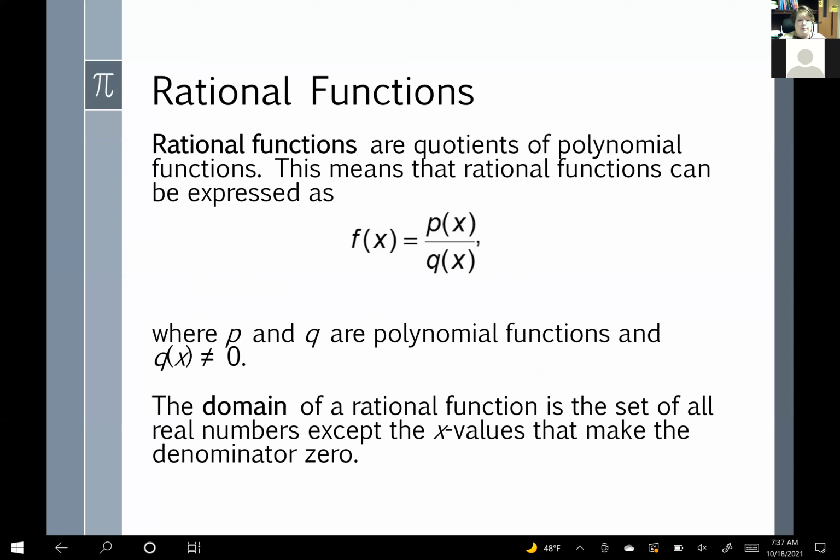The domain of a rational function is the set of all real numbers except the x values that would make your denominator 0. So just like we've been looking at since chapter 2, when you're given a function like this, you need to look at the denominator and determine what values you need to restrict so that you don't divide by 0.